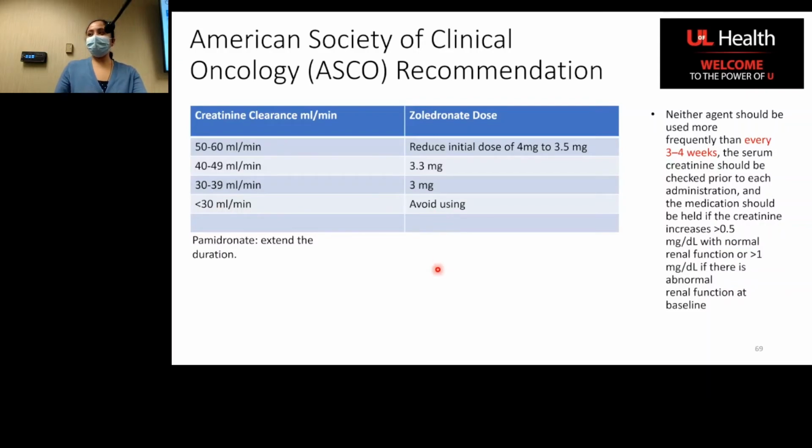If patients have hypercalcemia, we usually recommend denosumab. They should not be given more often than every 3 to 4 weeks. Before each dose, check creatinine. If there is a rise in creatinine of more than 0.5 in somebody with normal renal function, or more than 1 in somebody with abnormal renal function at baseline, the dose should be held.